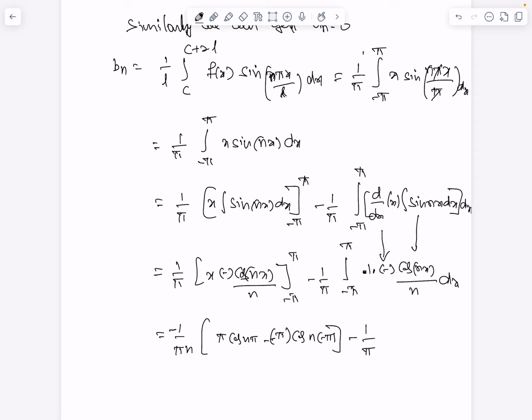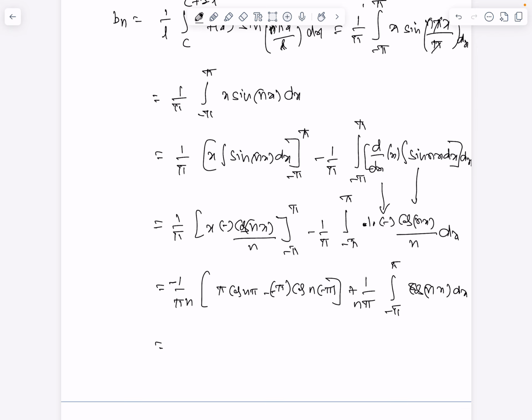This minus becomes plus, and then integral minus pi to pi cos nx dx. This is equal to minus 1 by n pi times 2 pi cos n pi plus 1 by n pi times 1 by n into sin nx from minus pi to pi.